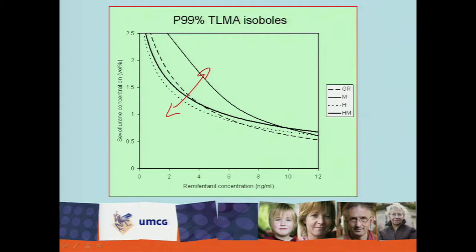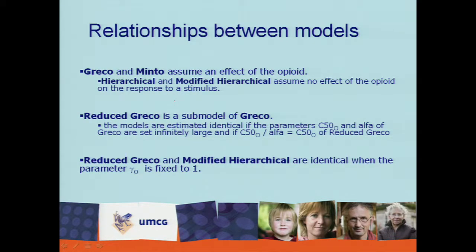At least one of the companies has distributed them. Yeah, Draeger has one here, so you can show. At the 99% level, look at this. Minto, 2.4, 1.5 for the hierarchical model. Big difference.